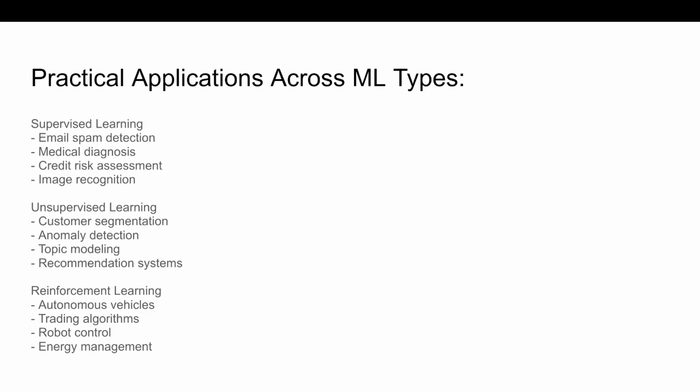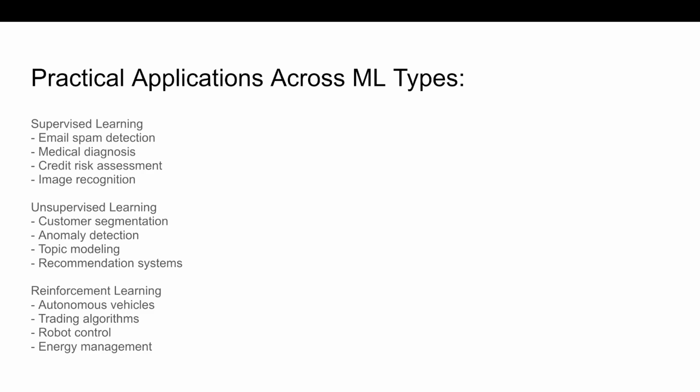Reinforcement learning examples. Autonomous vehicles. Train self-driving cars to navigate through complex environments while optimizing safety, efficiency, and passenger comfort. Trading algorithms. Develop AI agents that learn to make profitable trades in financial markets based on market conditions and feedback. Energy optimization.